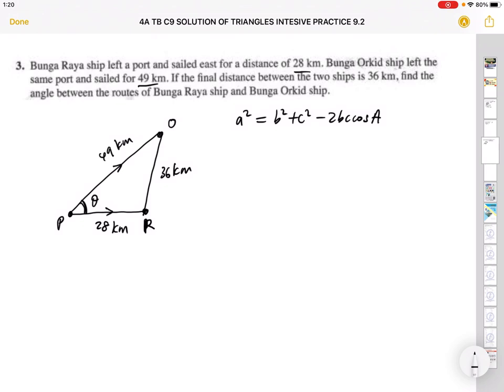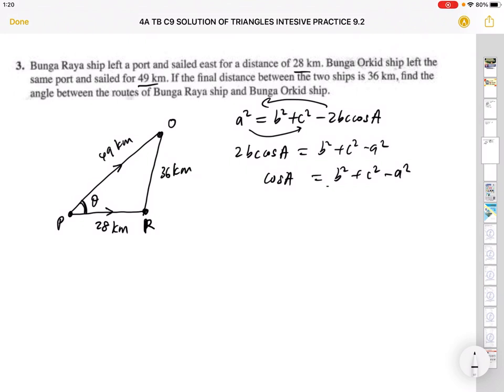So you will have a hard time trying to rearrange everything. So for me, I will rearrange in advance, and after some time of arranging this, you can remember the formula: b squared plus c squared minus a squared, you just have to divide by 2bc. So I would recommend that you remember this formula. And it's not that hard to remember this, right?